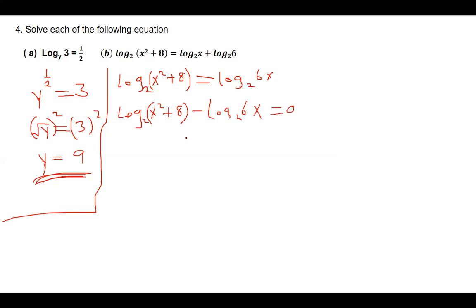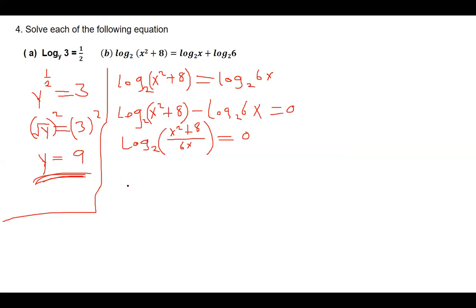So when you are subtracting, it means we're dividing this x squared plus 8 and this 6x. So we're going to have log of x squared plus 8 over 6x, and then this is in base 2 is equal to 0. So here we can now convert it to exponential form.